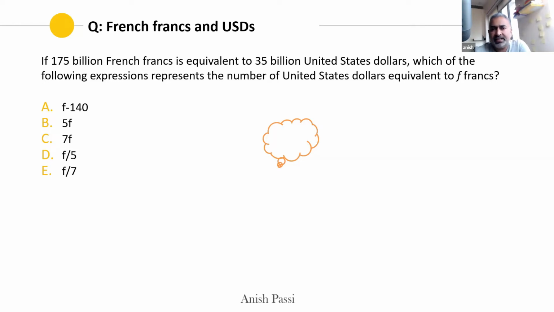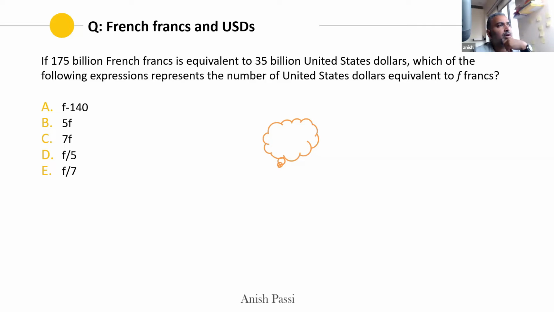If I go to a currency exchange place and give them F francs, they will return some US dollars to me. Will that figure be more than F, or less than F? For example, if I gave them 100 francs, will I get back more than 100 US dollars or less? I'll get back less than 100 US dollars.